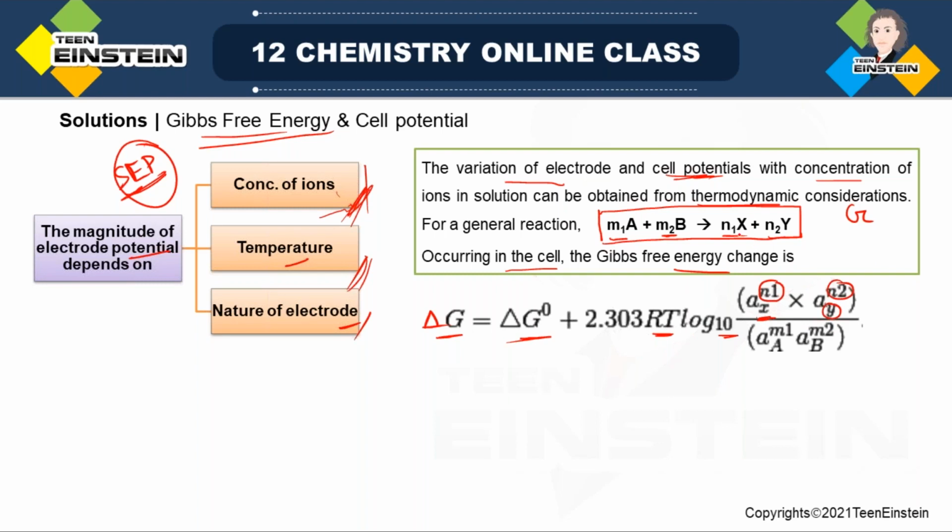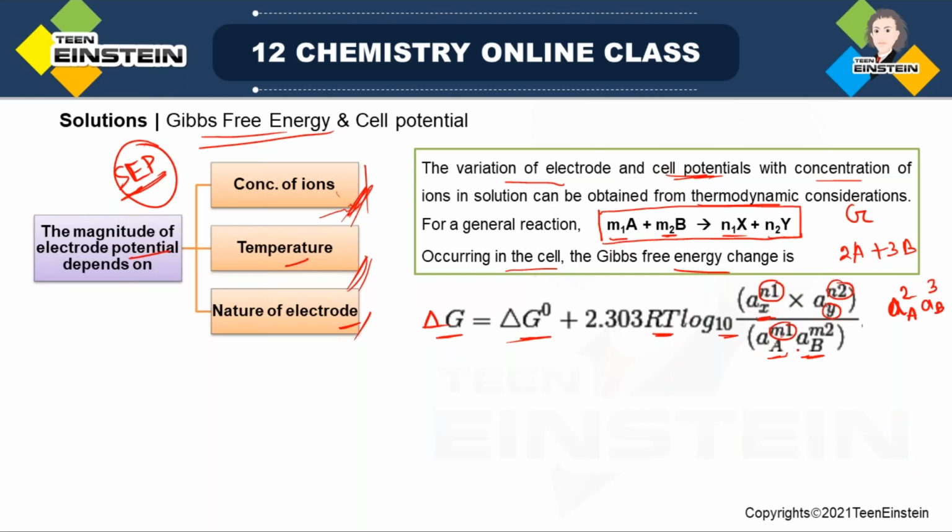First we write the product side, that is, the species on the right hand side, and then in the denominator you write the activity of the two starting materials, and in the power there is the coefficient. So suppose it is 2A plus 3B, I am just saying arbitrarily, then it will be the activity of A to the power 2, and the activity of B to the power 3.